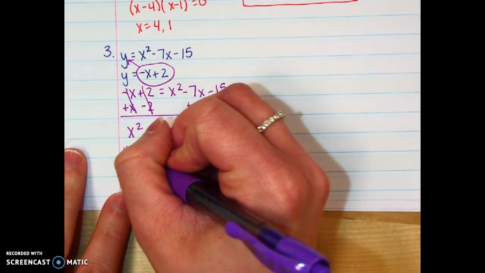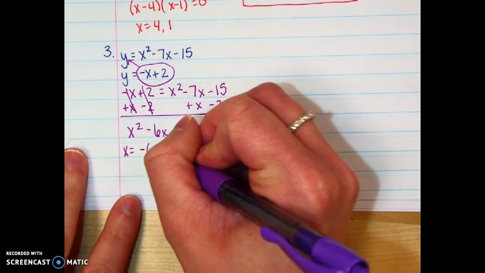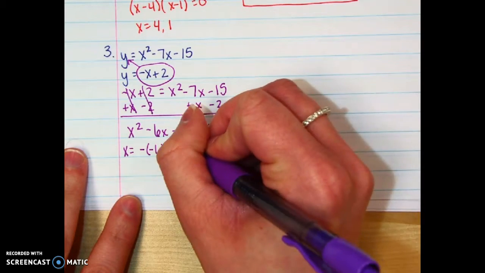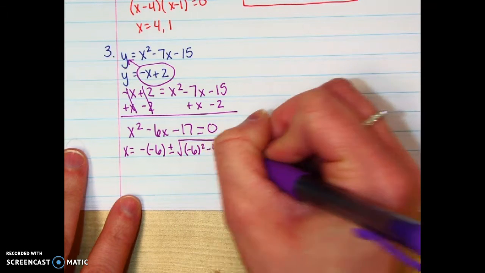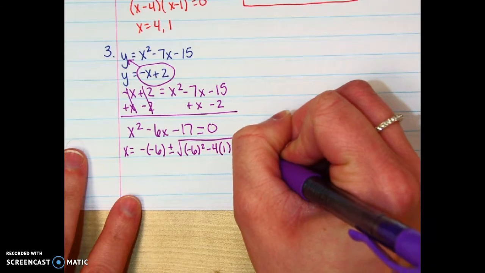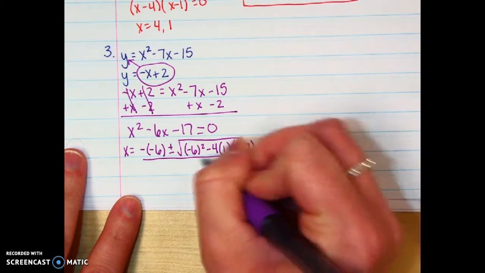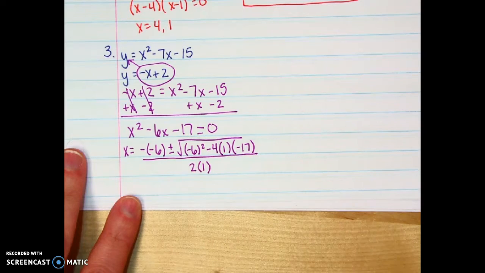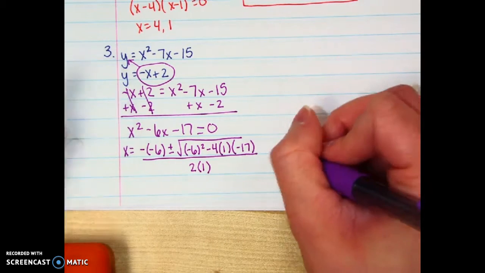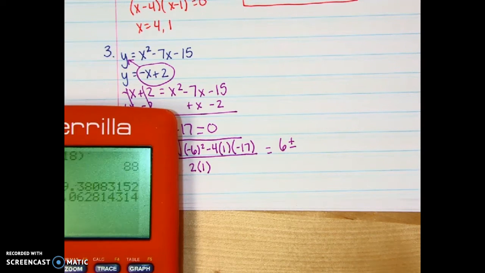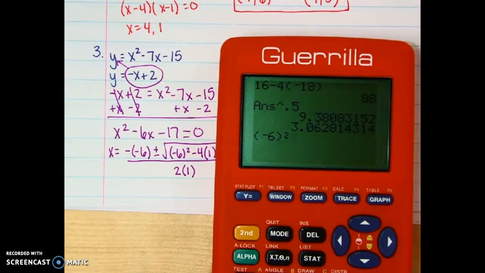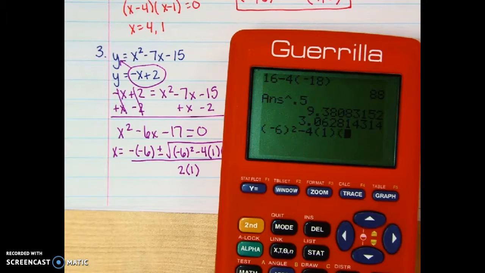Let's do x equals, so negative b, that's negative 6, plus or minus the square root of negative 6 squared minus 4 times a, which is 1, and c is negative 17, all over 2 times 1. Okay, this becomes a positive 6 plus or minus the square root of negative 6 squared minus 4 times 1 times negative 17.